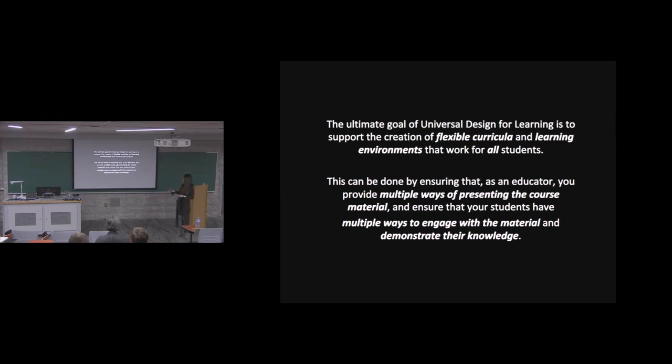The three main pillars of universal design for learning is that you make sure that you are first touching on the affective domain, giving students the opportunity to understand how what they're learning relates to past information and their prior knowledge, and how they'll be able to use that in the future. You're ensuring that students have multiple ways to access and engage with the material, so you're not just speaking, you're presenting visuals, you've got perhaps short introductory videos that students could watch before engaging in book chapters or more in-depth journal articles.